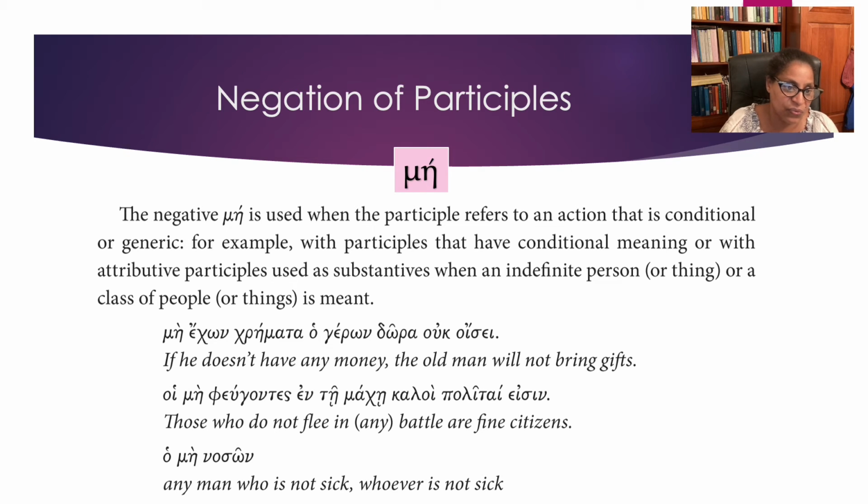Hoi me phugontes en te mache agathoi politai eisi. So those who do not flee in battle, or in any battle, and this is a generic statement, are fine citizens, right? Ho me nosown, any non-sick person, right? Any man who is not sick, whoever is not sick, right? So me is more generic.